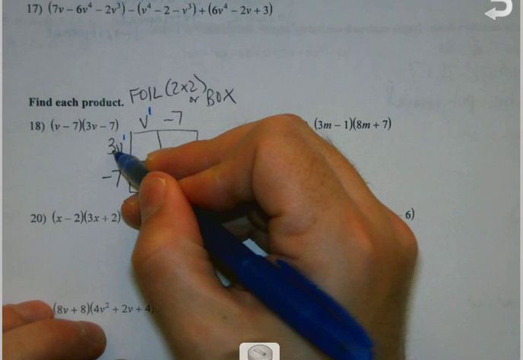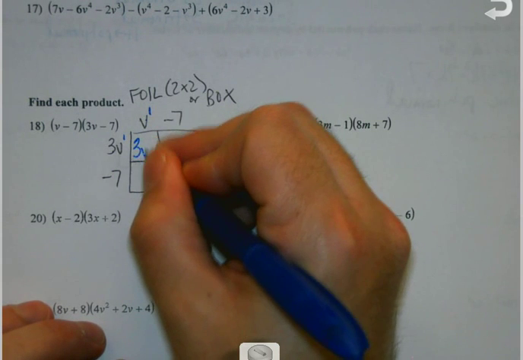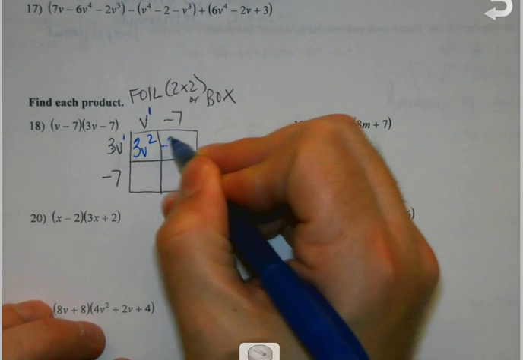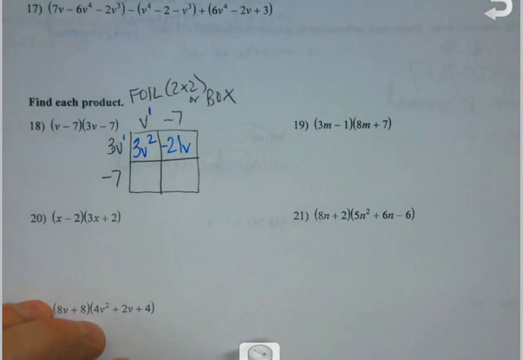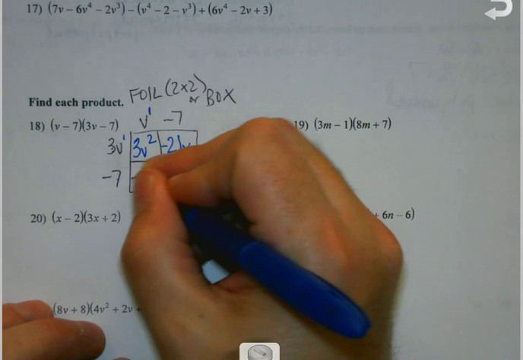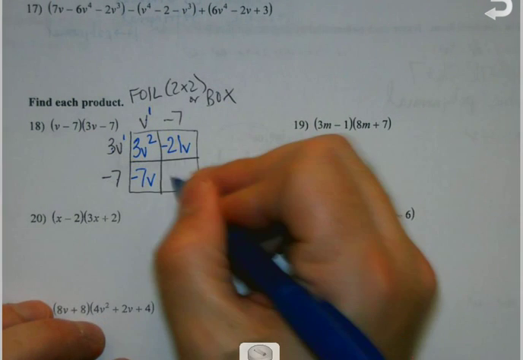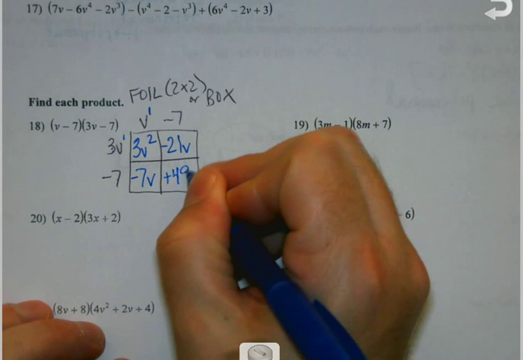So 3v times v would be 3v squared. Since I'm multiplying, I add my exponents. 3 times -7 is -21v. -7 times v is -7v. And negative times negative is positive.